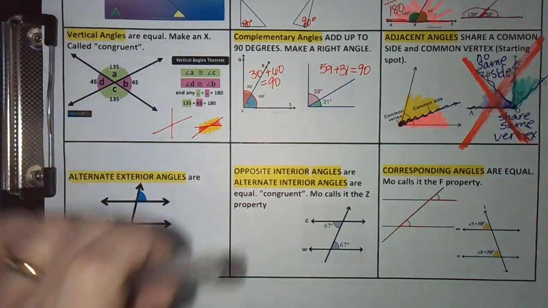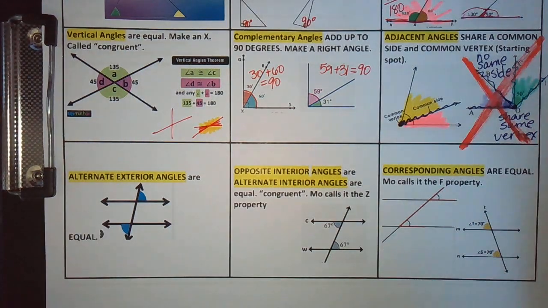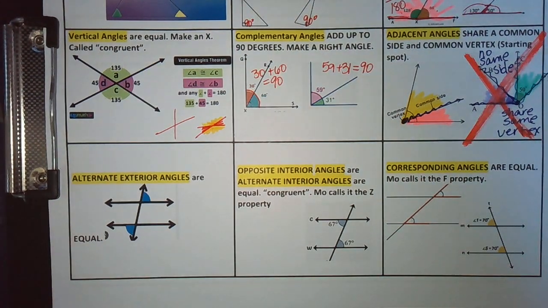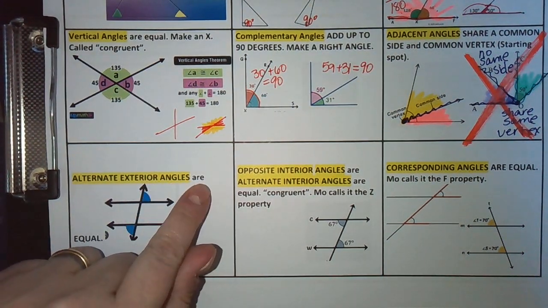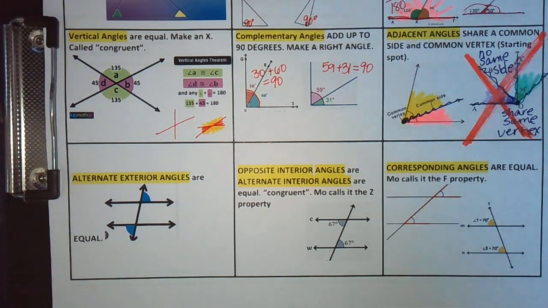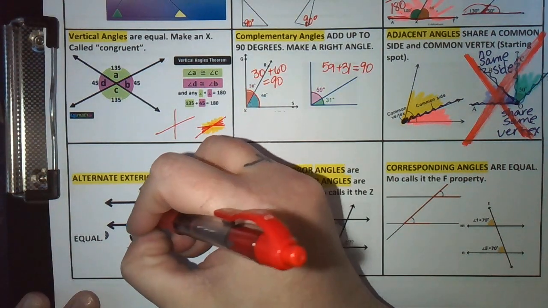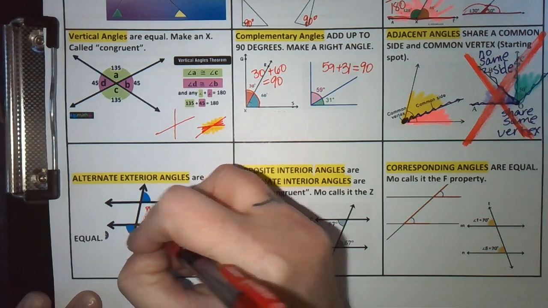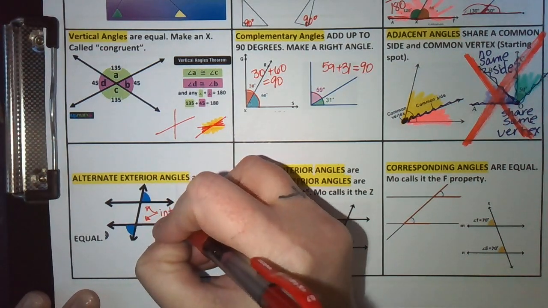Okay, let's look at this one. Alternate interior angles are equal. Alternate exterior angles are equal. Okay, interior angles are the angles on the inside.